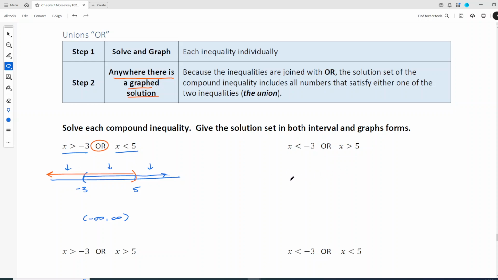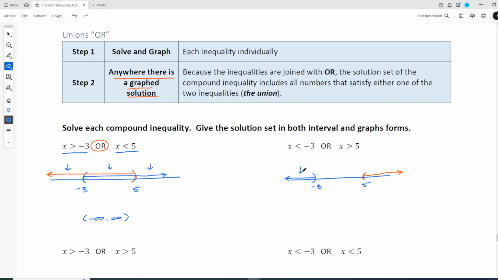All right, let's try this next one. So if you remember from the previous page, this is the one where the arrows point away from each other instead of towards each other. So x is less than -3 is an arrow pointing to the left. X is greater than 5 is an arrow pointing to the right. Now, where are their solutions?